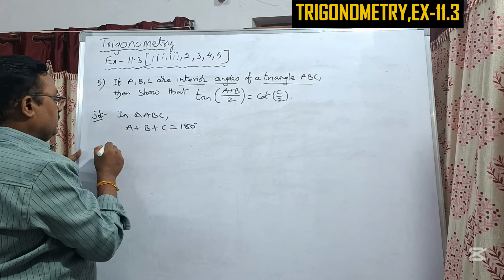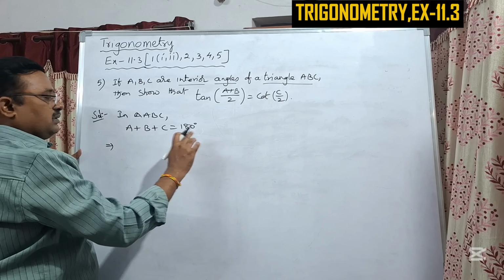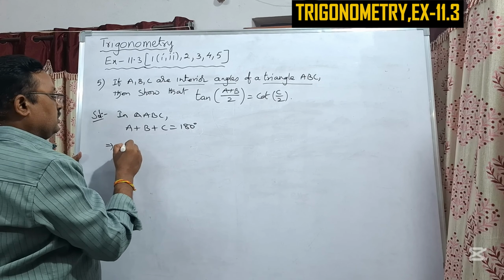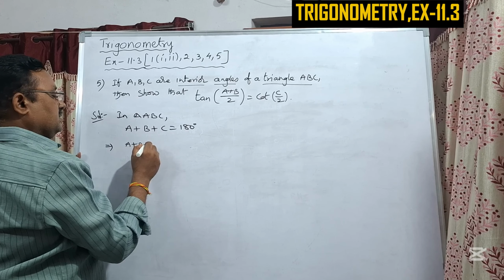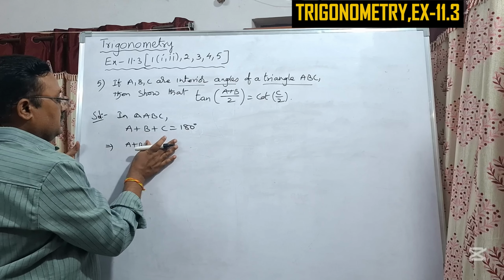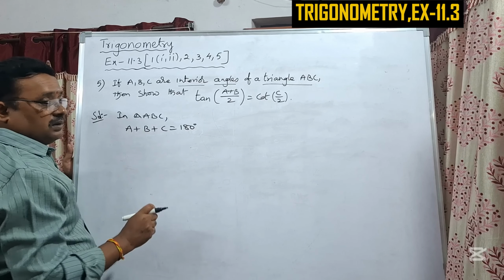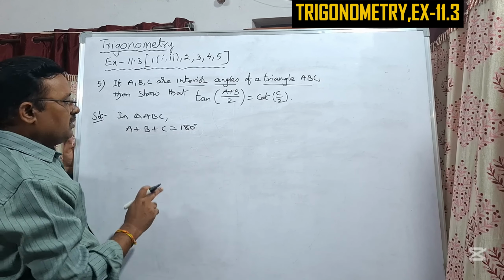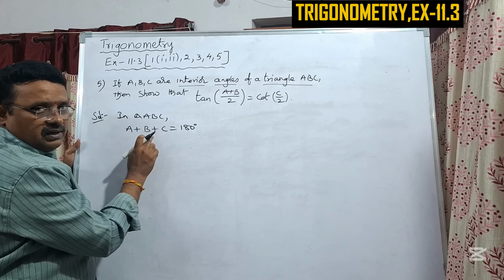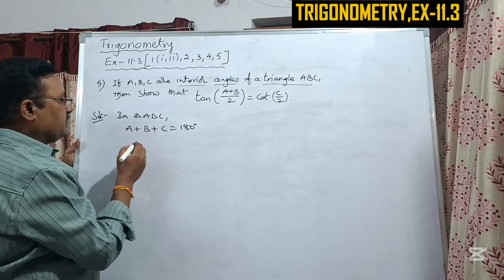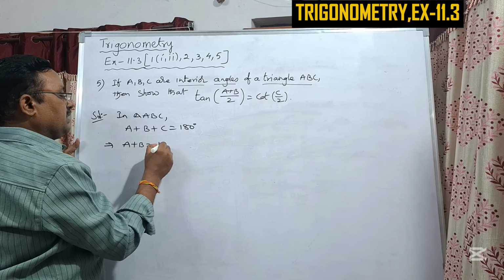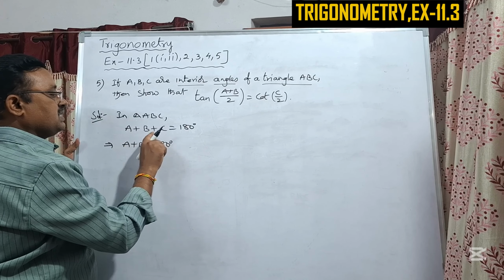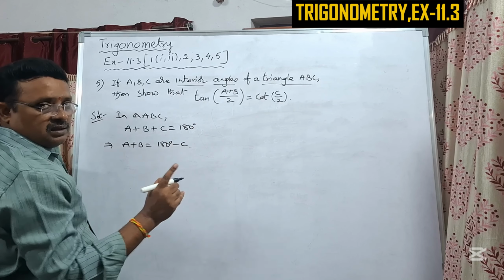This implies we can divide the total terms by 2. Now we can convert this one into our required condition. For that, this implies A plus B is equal to 180 degrees minus C. Got it?